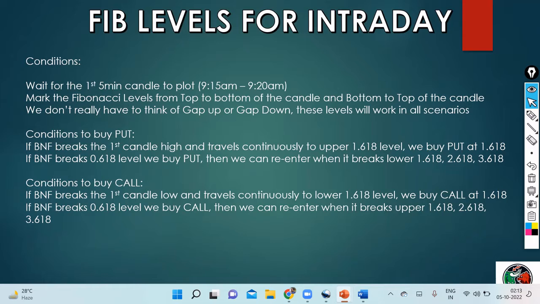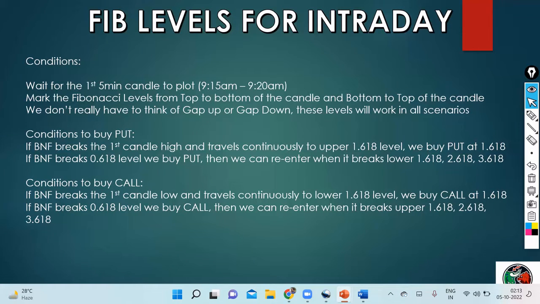Okay, so what are the conditions to buy put options? If Bank Nifty breaks the first candle high and travels continuously to the upper level of 1.618, that is where we will initiate our put trade at 1.618.